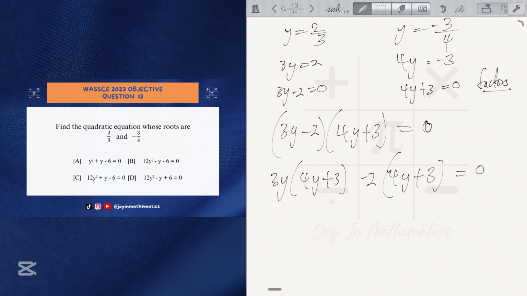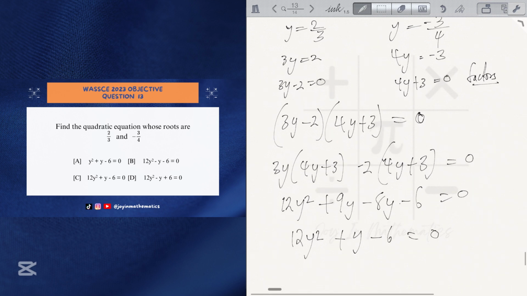When we open the bracket, we'll have 12y squared plus 9y minus 8y minus 6 equal to 0. So this will result in 12y squared plus y minus 6 equal to 0, and this stands for option C. Now we have solved using the factors method.